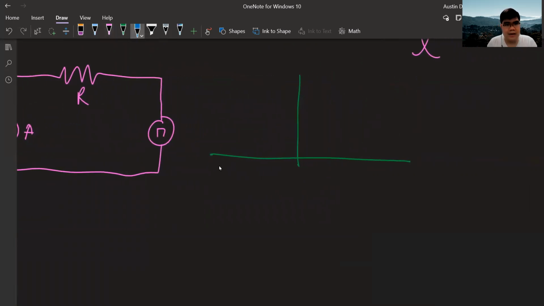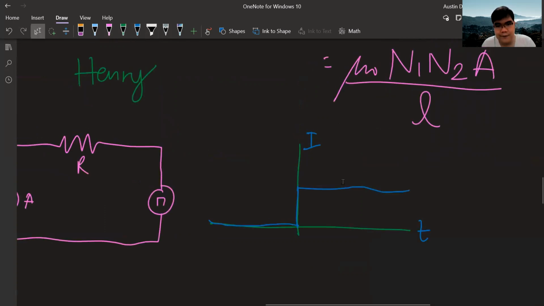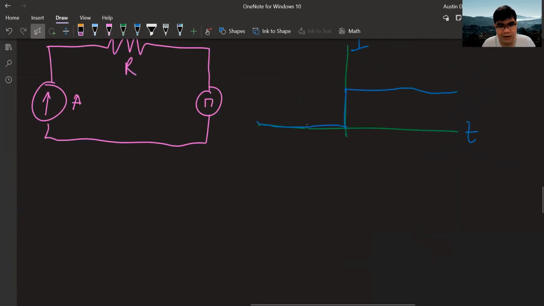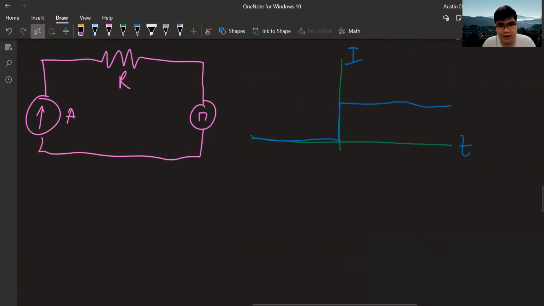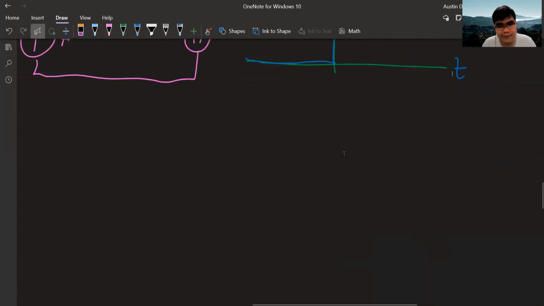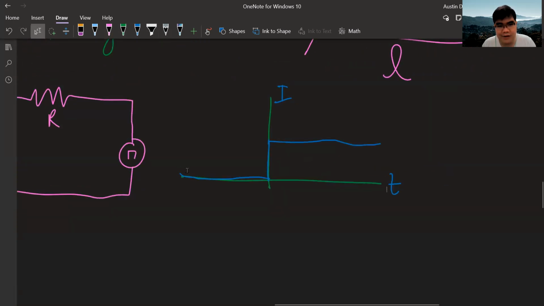Okay, so sabihin natin na ganito yung itsura ng current. So anong ibig sabihin ng ganitong current? So this is the current with respect to time of the source. Nangyari lang, from some time ago, 0 siya. Then at time 0, binuksan natin yung current source. Nag-switch tayo, nagpindot lang tayo ng switch.